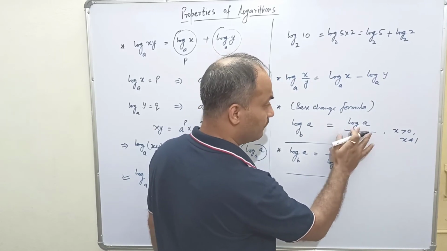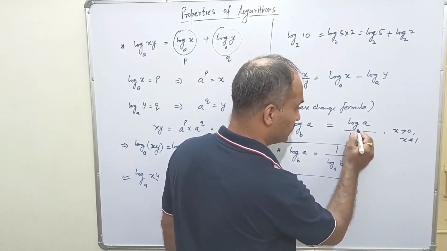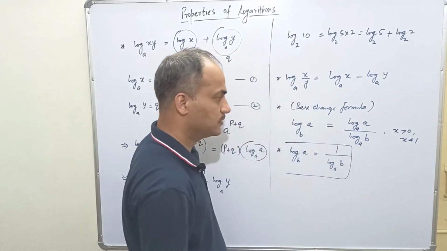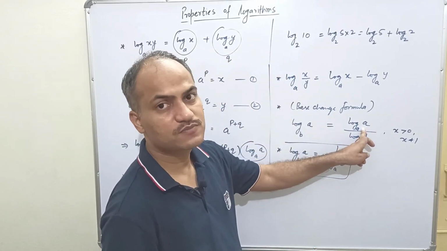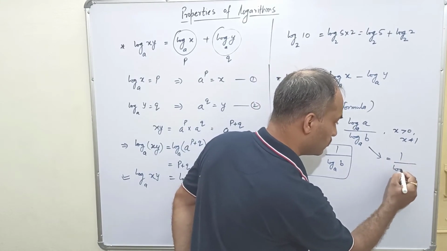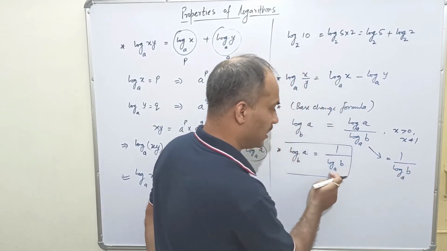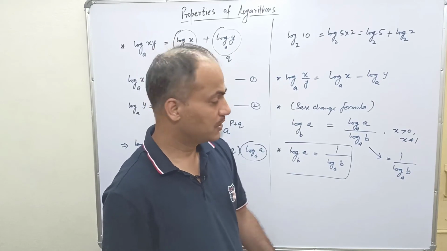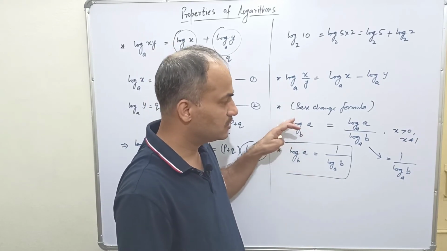If at this place x, we take the base a, then we see what happens. This log a to the base a becomes 1. So this value is actually 1 upon log of b to the base a, and we get this derivation. So this formula is just a special case of the base change formula.